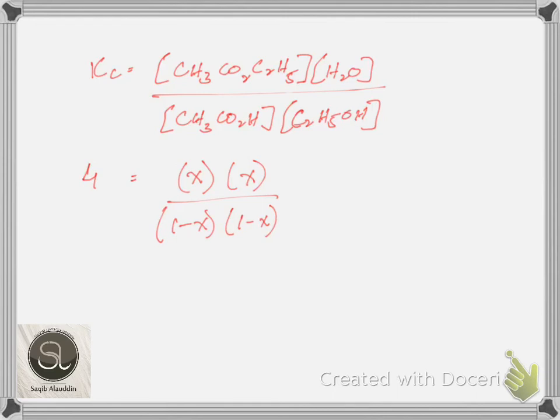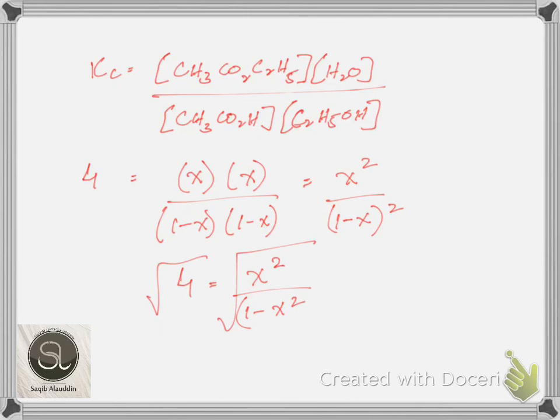Now simple mathematics, I can say X square upon 1 minus X square equals 4. Now I'll take root on both sides. So what do we have? We have X upon 1 minus X is equal to the root of 4.